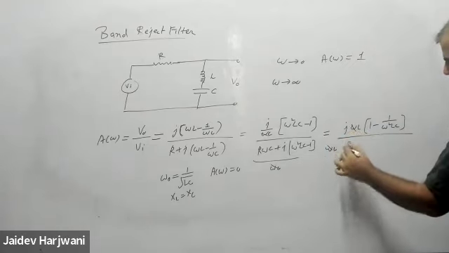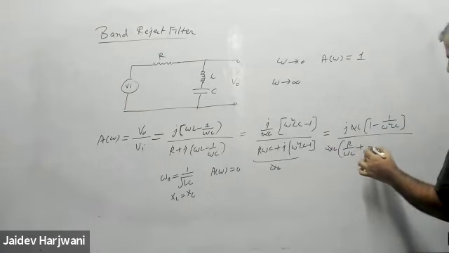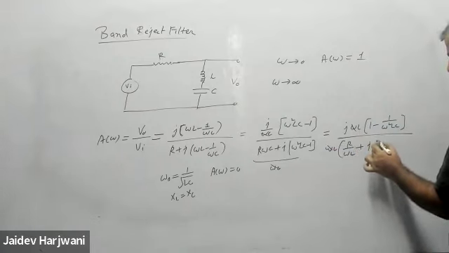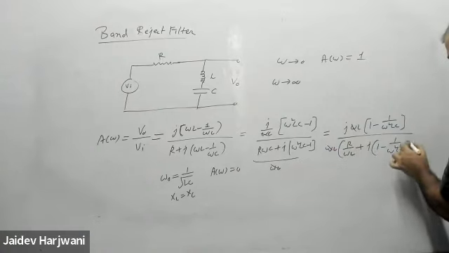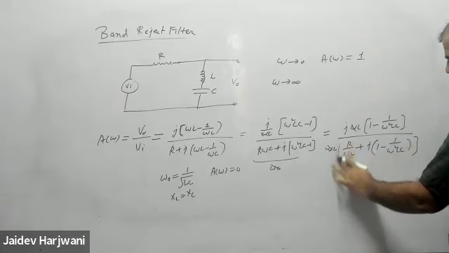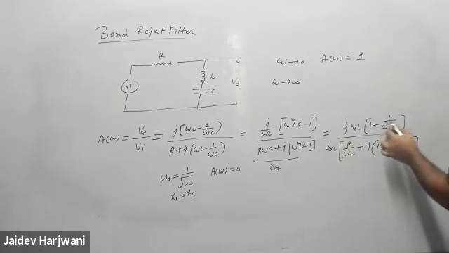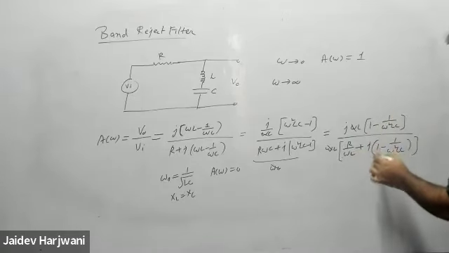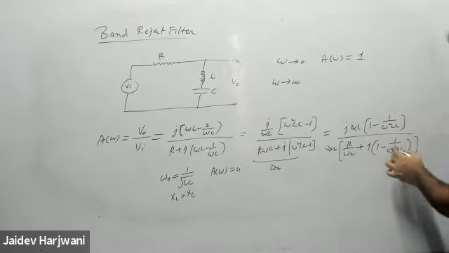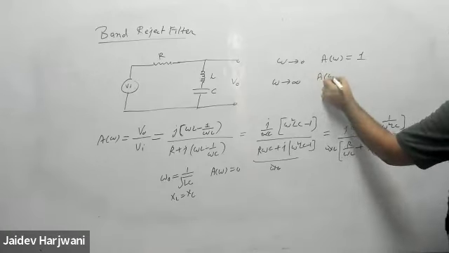So this will be R plus omega L plus j(1 minus omega square LC). Like this also I can write. Now if omega is infinite, this becomes 1, this becomes 0, and this also becomes 0, so j cancels, so again A omega comes out 1.